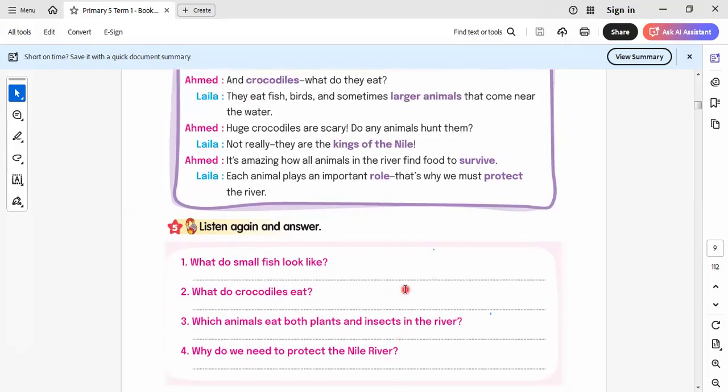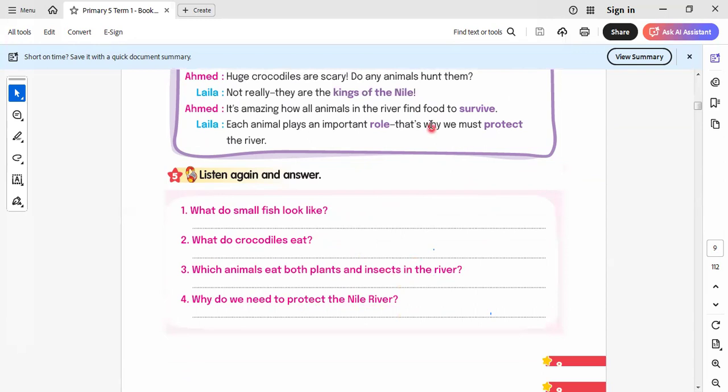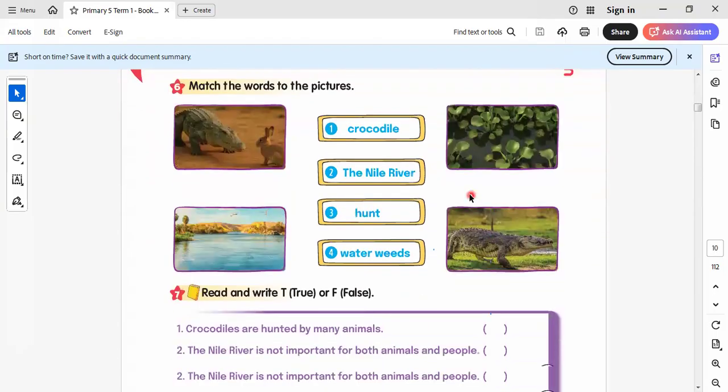Because the Nile helps people to survive. Here, because they play an important role to survive. So we need to protect the River Nile to survive. Okay, to survive. Let's go to another one here.